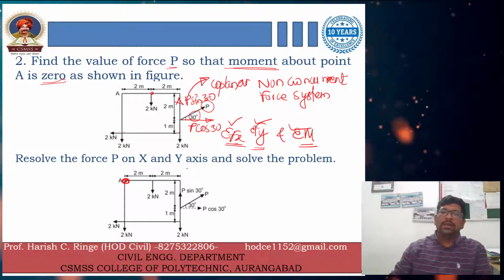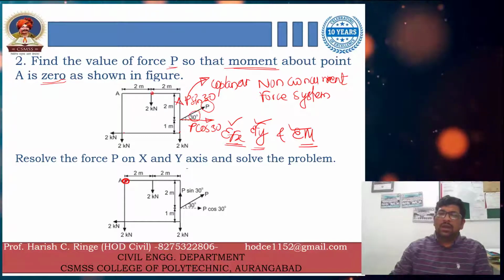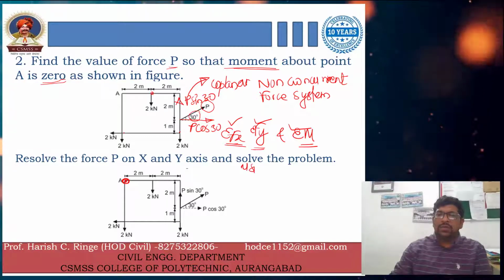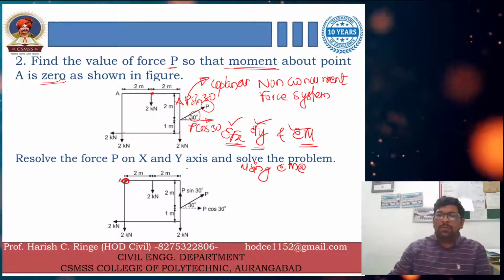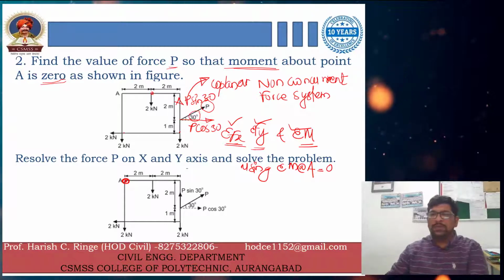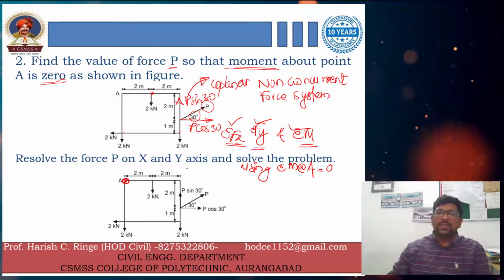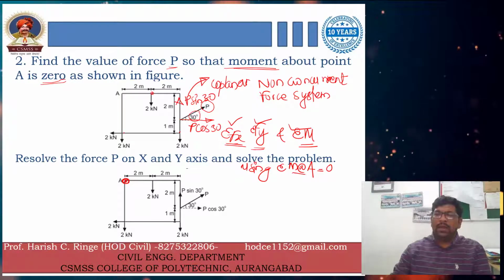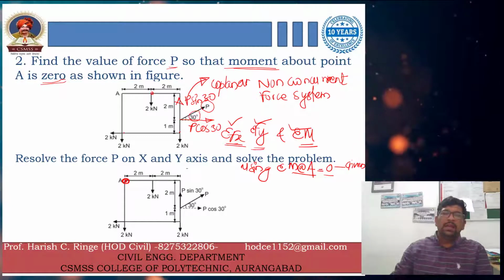Clearly from the given data we can understand that we have to use the condition of summation of moment at point A equal to 0, right? We have to use this particular criterion, which is given, so you can write it down here.